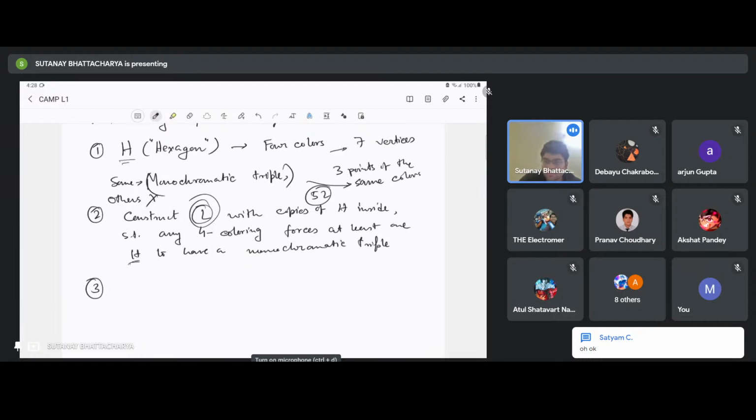So was there something else in the chat? Yeah, cool. So monochromatic triple is just exactly what it sounds like. It's three points with the same color.